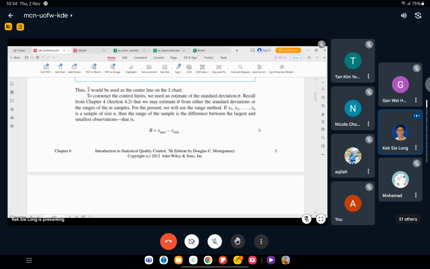Range is the difference between the largest and the smallest observations. I repeat, or maybe you can highlight, the last sentence on the screen: the range of the sample is the difference between the largest and the smallest observation, given by R equal to X max minus X min. This is the R value, the range.